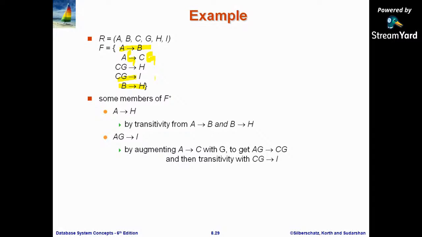In the same way, AG tends to CG, CG tends to H, so AG tends to H also holds. Another functional dependency which holds is CG tends to H, CG tends to I, then CG tends to HI. This functional dependency also holds. So you have to calculate like this and find out its closure. So the closure will consist of all these, plus this, plus this, and many more.